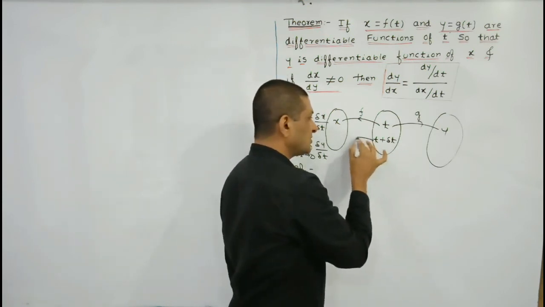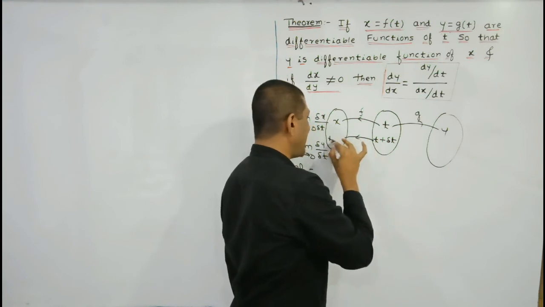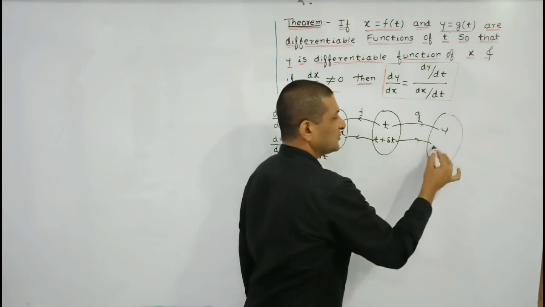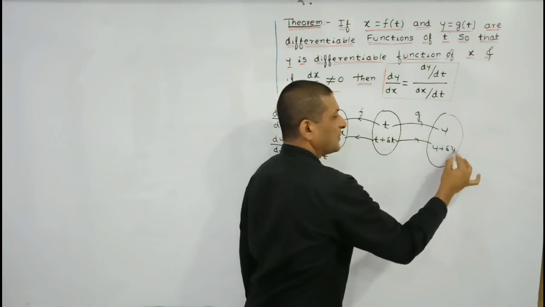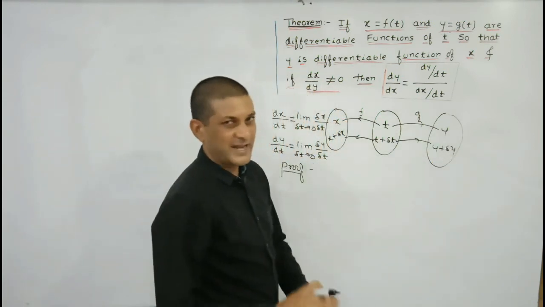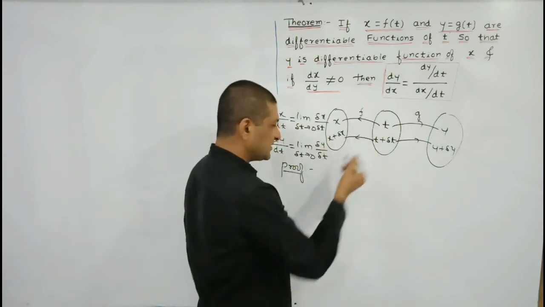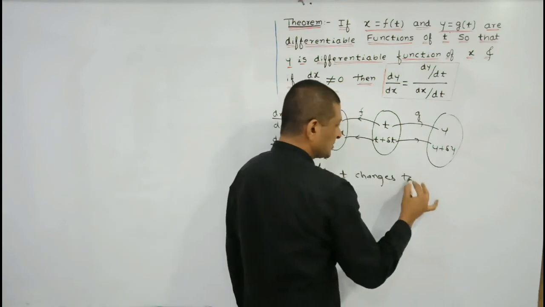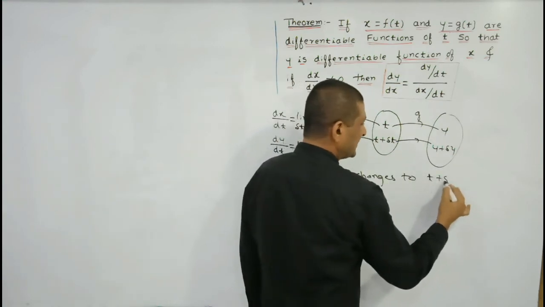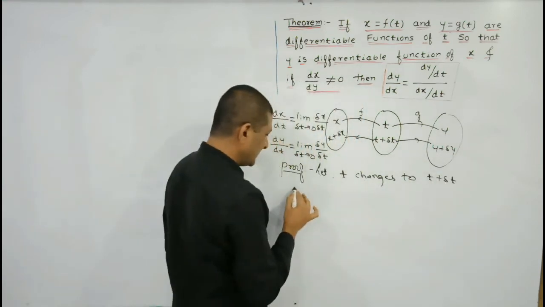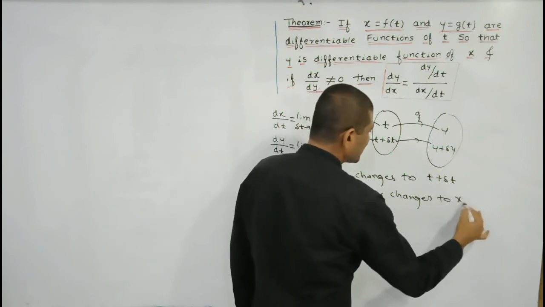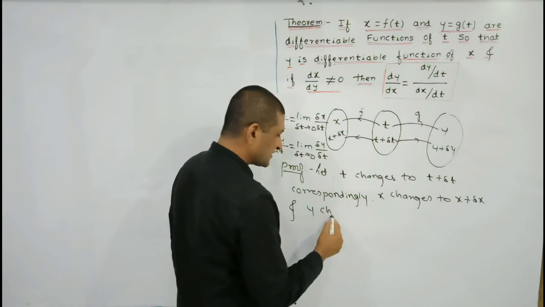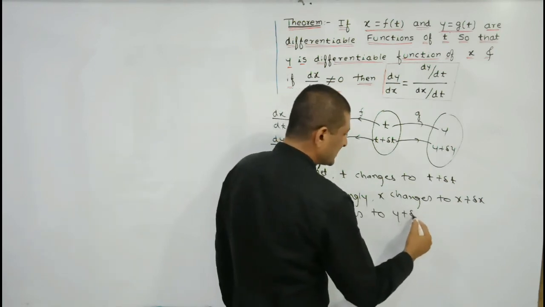So let us denote the change in the value of x by x plus delta x, and the value of y also changes, so we denote the change by delta y, y plus delta y. So write down all these things. Let t change to t plus delta t. Correspondingly x changes to x plus delta x and y changes to y plus delta y.